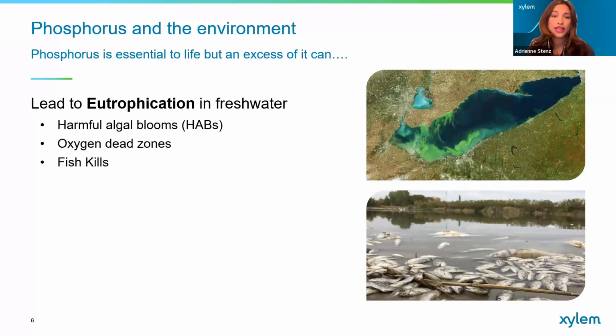These algae blooms can be super harmful. They block sunlight from the water, creating oxygen dead zones that lead to large-scale fish kills. Phosphorus is the limiting nutrient in freshwater systems. So that means when there's an excess of phosphorus in fresh water, the potential for eutrophication to occur is high.